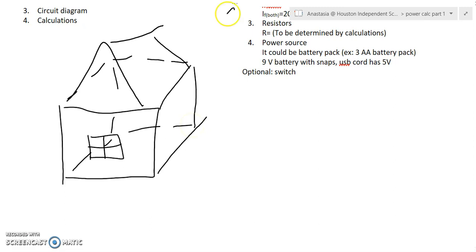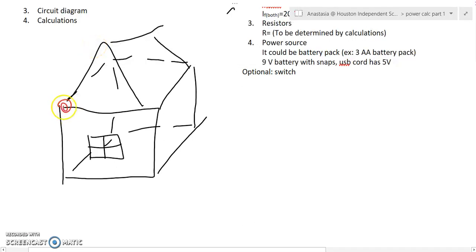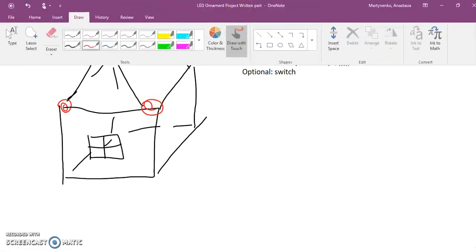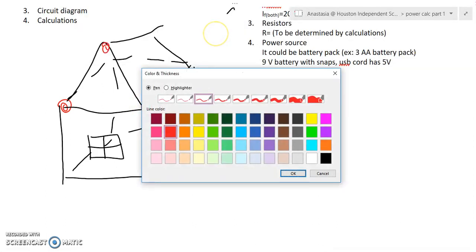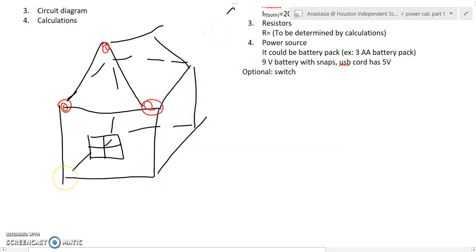So for my little Christmas ornament house, I want my LEDs to go here, here, and here in the corner. And I also want some yellow LEDs to go here.